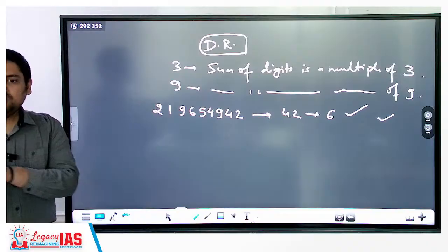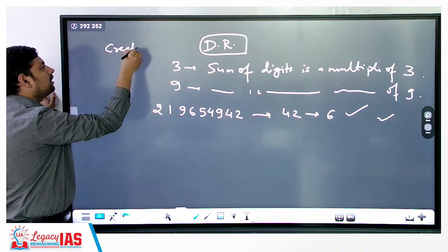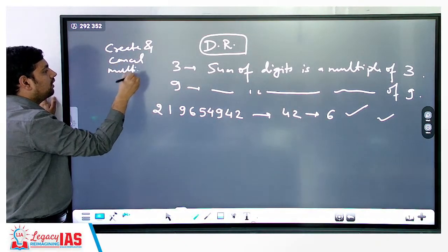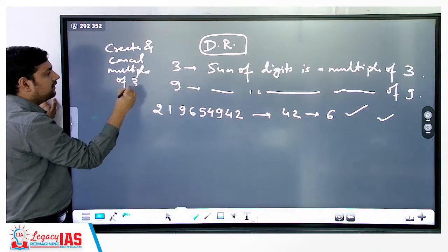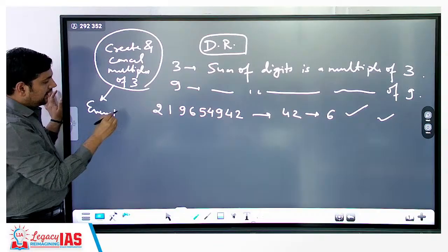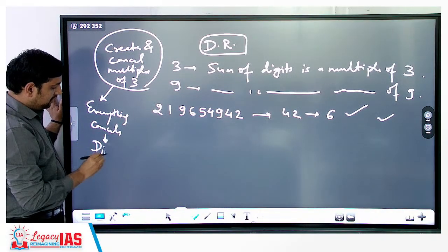Now, another method of doing this is something called create and cancel multiples of 3. If everything cancels out, then it is divisible.